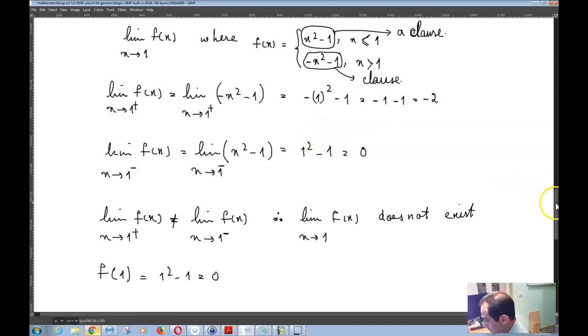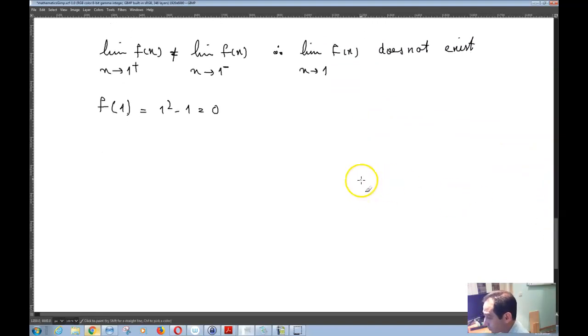Well, if you want to see a graph of this function, we said that f of x is equal to these two clauses: x squared minus 1 for x less than or equal to 1, and negative x squared minus 1 for x greater than 1.